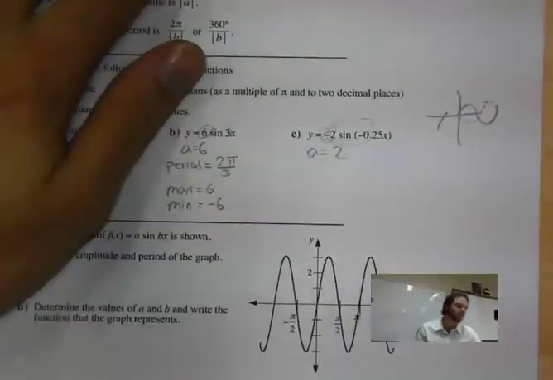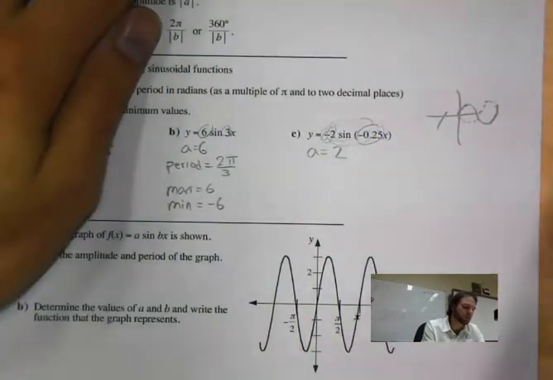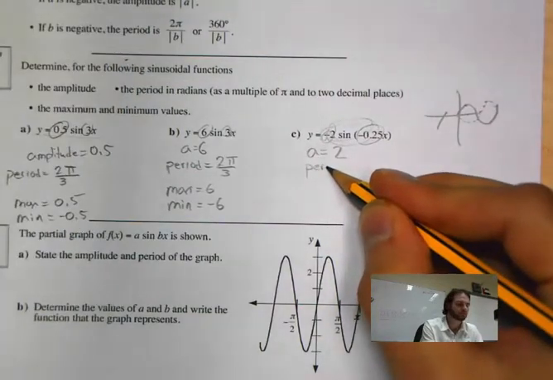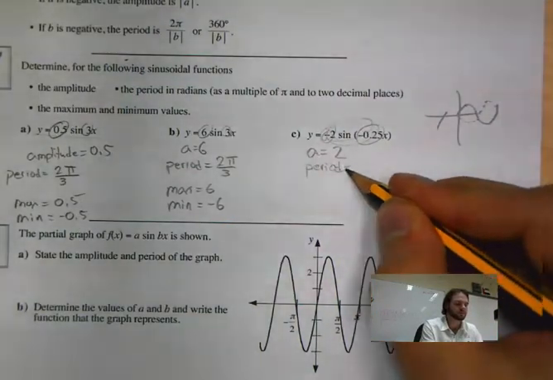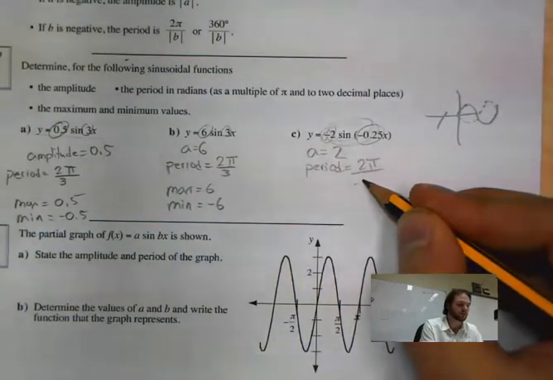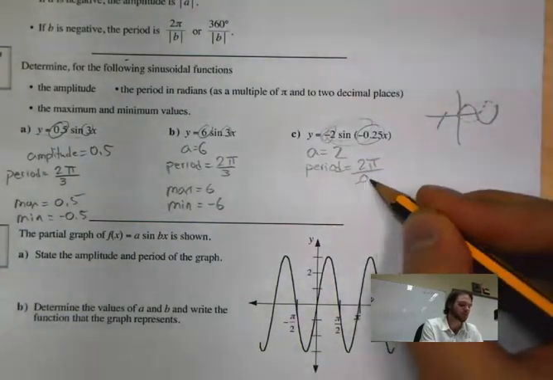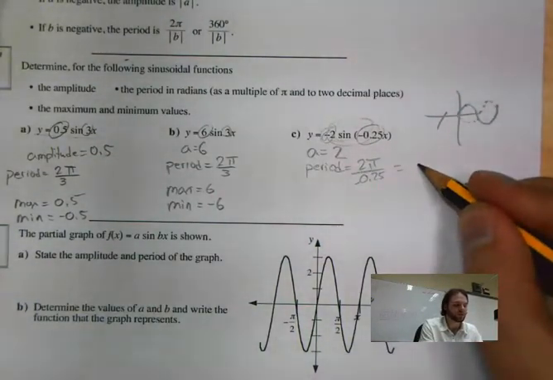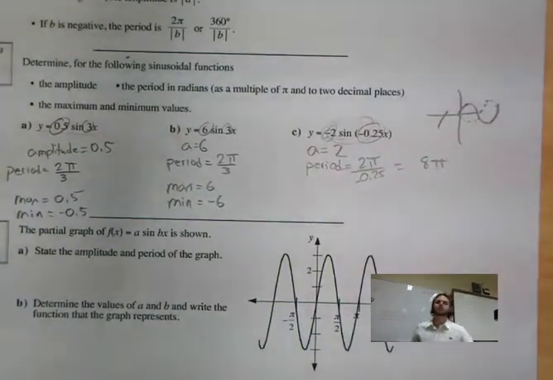Okay, now we have 0.25. So my period is equal to 2 pi over negative 0.25, which is 0.25, which is equal to 8 pi. So my period is 8 pi.